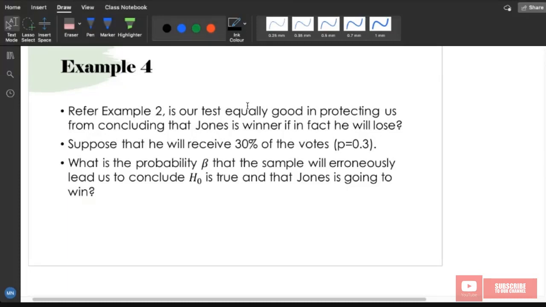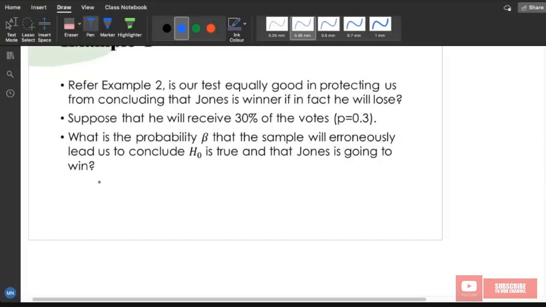So we want to calculate the probability of type 2 error. The probability of type 2 error is beta. It is equal to the probability of accepting the null hypothesis when the null hypothesis is false, right? This is our definition.